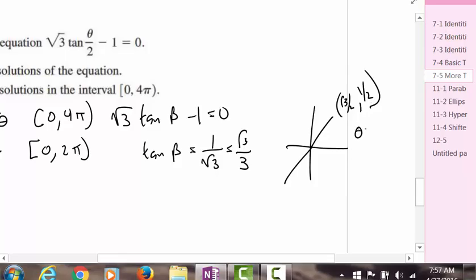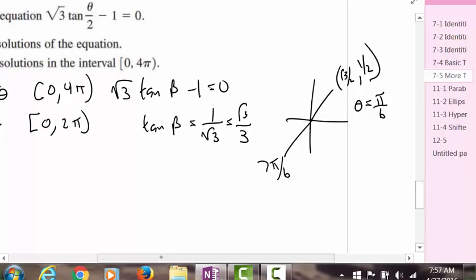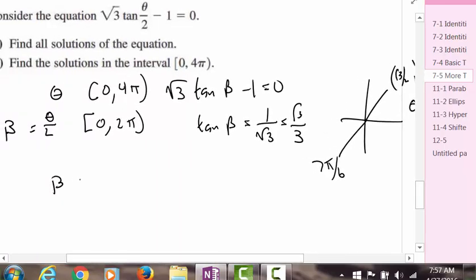We've been dealing with that one all class. Well, that's good. So in the first, it's pi over 6. What is it in the third? 7 pi 6. Okay, so beta, come back over here, is pi over 6 or 7 pi over 6.